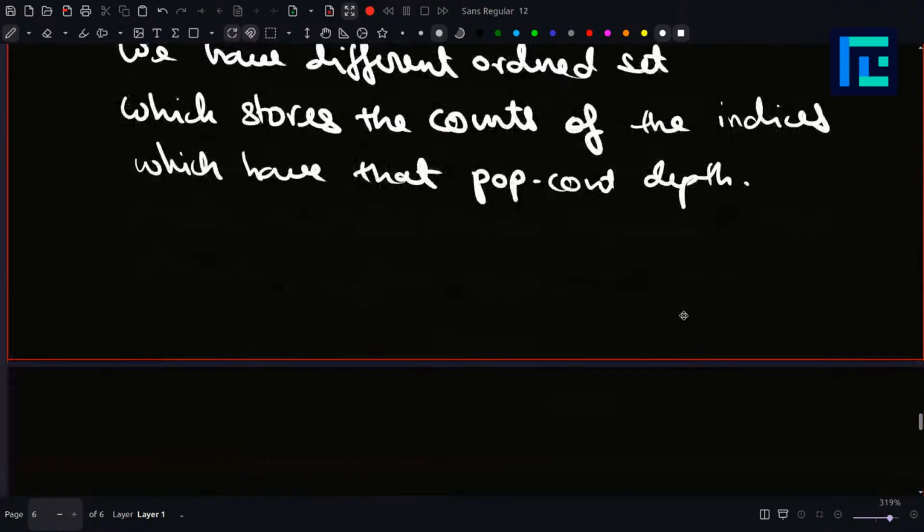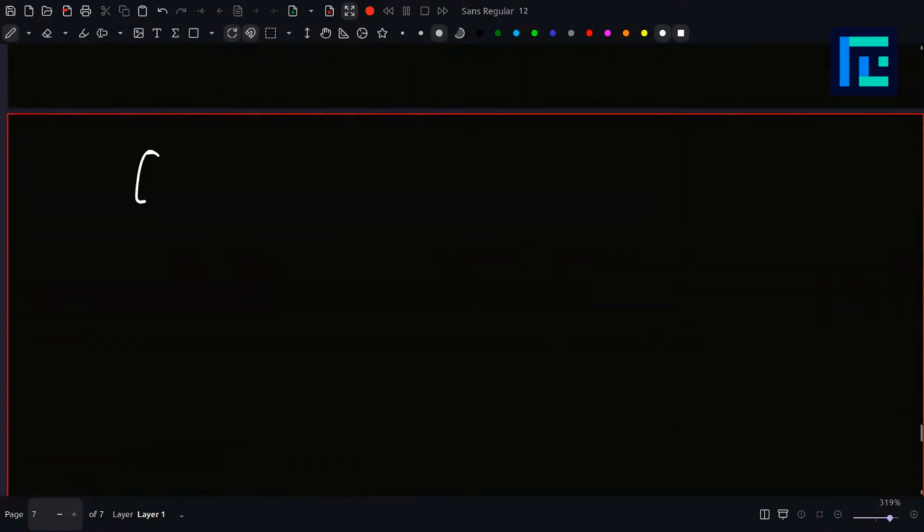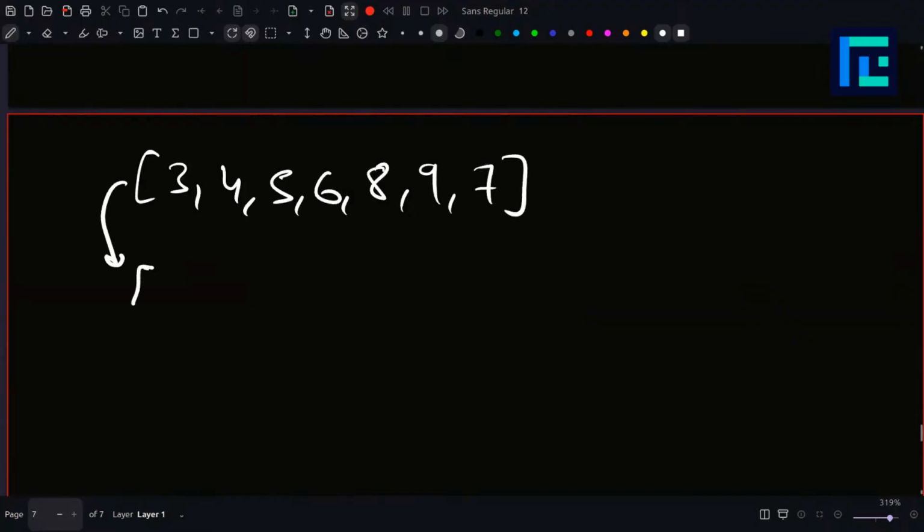Okay, so what do I mean by this? Let's say our array was 3, 4, 5, 6, 8, 9, 7. Let's find the pop count depth for this. So what is the pop count depth for 3? 3 becomes 2, 2 becomes 1, that's 2. 4 becomes 2, and then 2 becomes 1, that's also 2. What does 5 become? 5 becomes 2, that becomes 1, that's also 2.